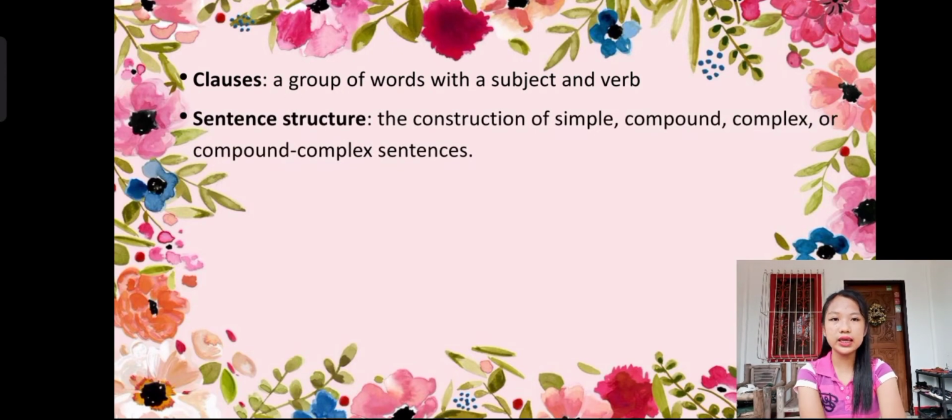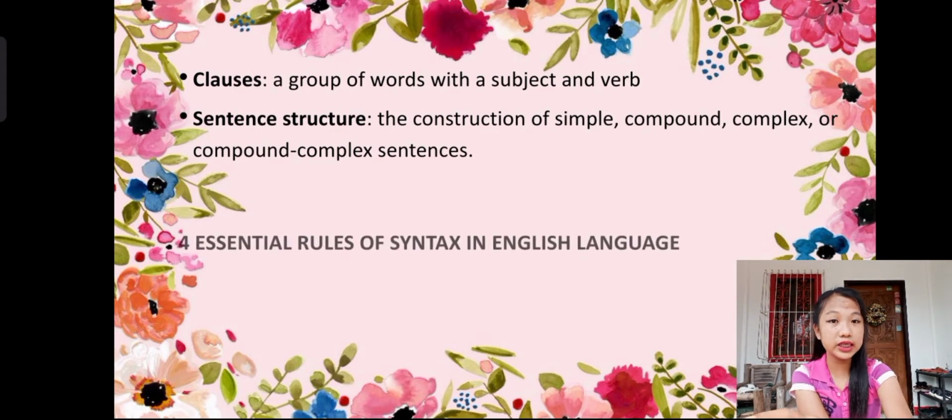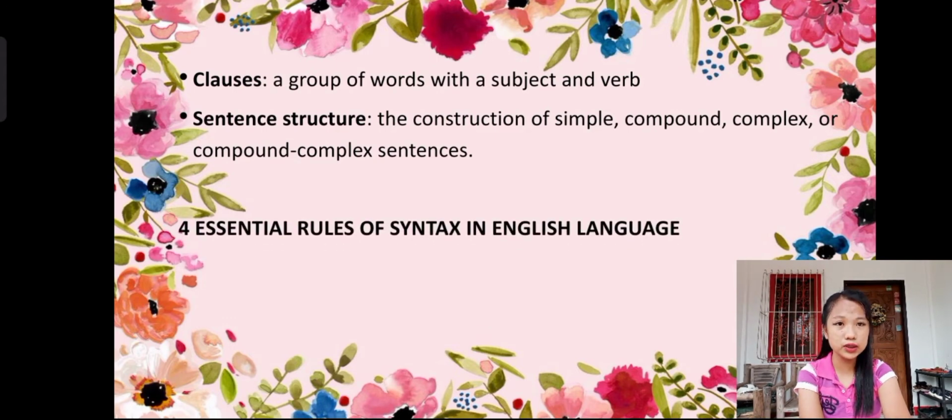And the last one is sentence structure: the construction of simple, compound, complex, or compound-complex sentences. Later, we will talk about those sentence structures. But for now, let's proceed to four essential rules of syntax in the English language.